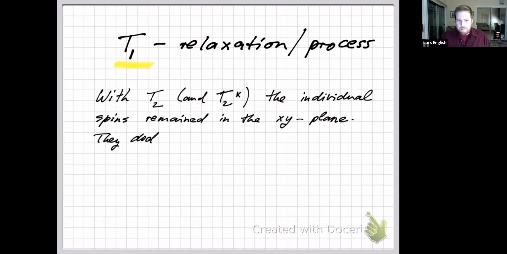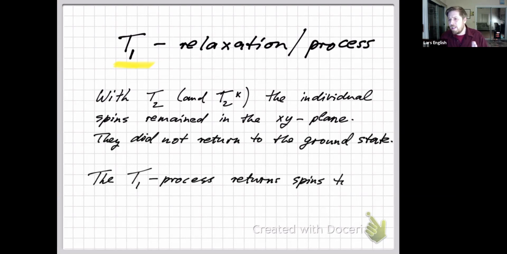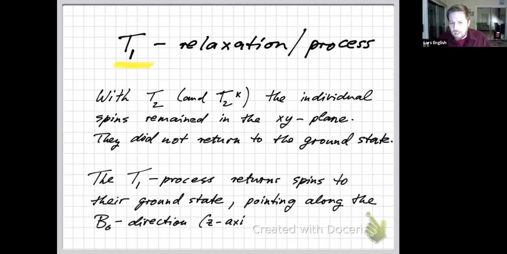But they do not return to the ground state, namely, they do not tilt back up towards the z-axis. But the T1 process returns the spins to their ground state. It does exactly that. It starts moving spins back in alignment with the big static magnetic field B naught. So we get this sort of gradual motion back towards the z-axis.